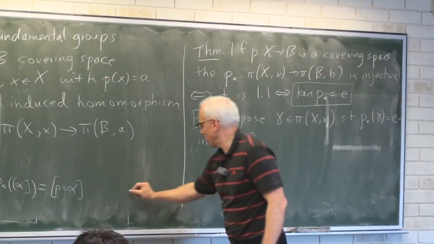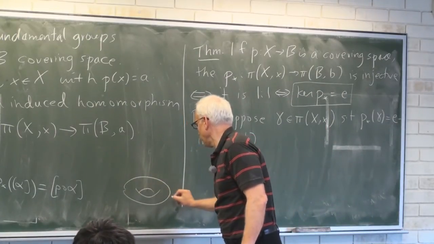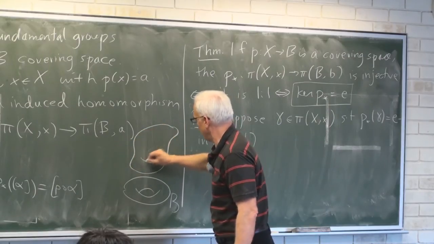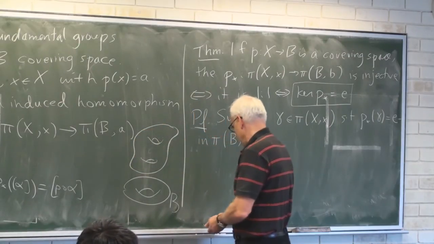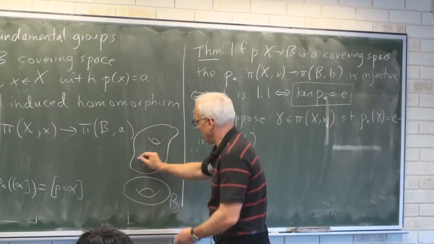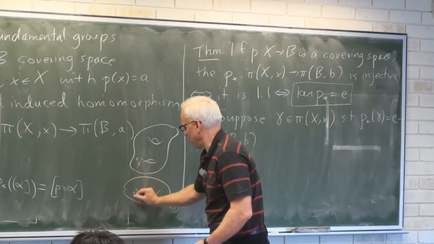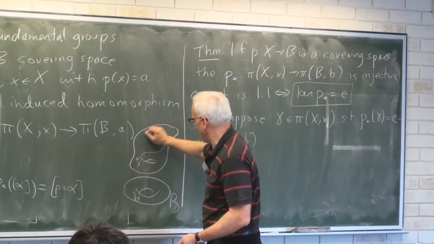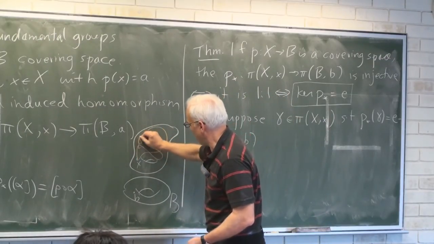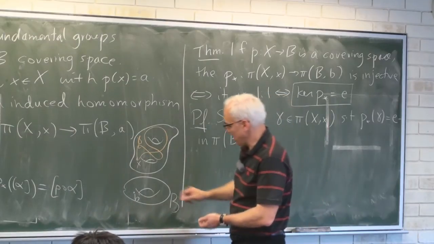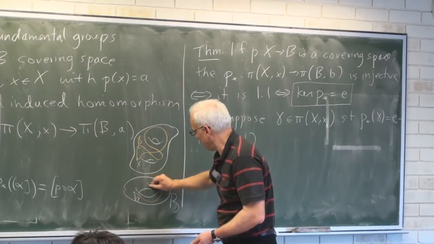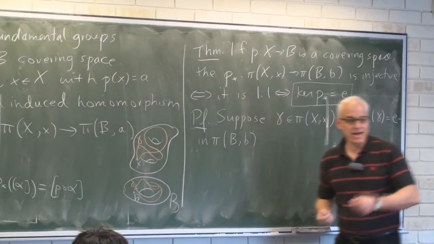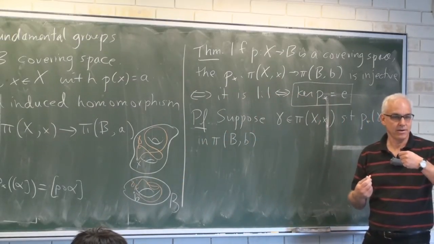So maybe here's a picture. Here's our space B. Here's our space X. Our base point X, our base point B. We're assuming that we have some path gamma up here, whose image down here is actually trivial.